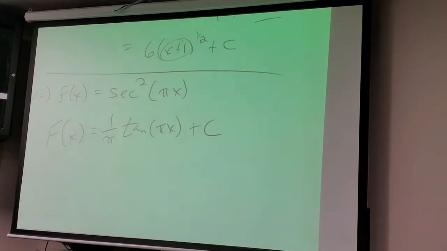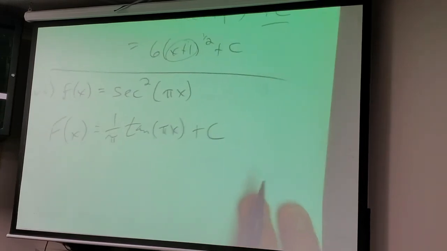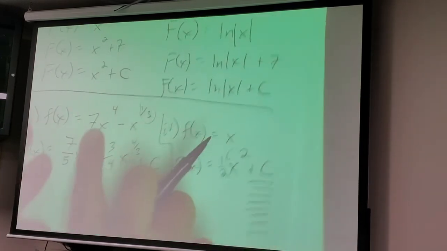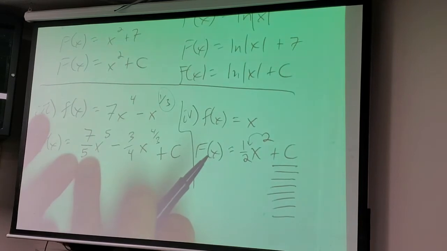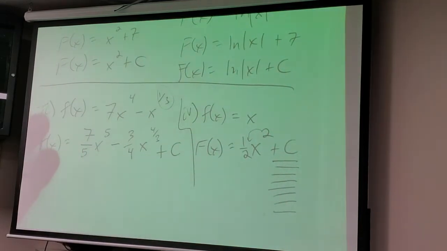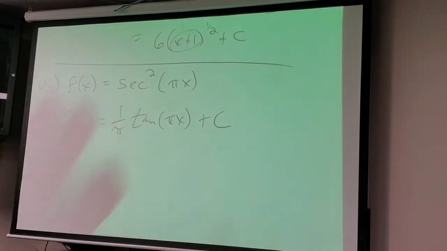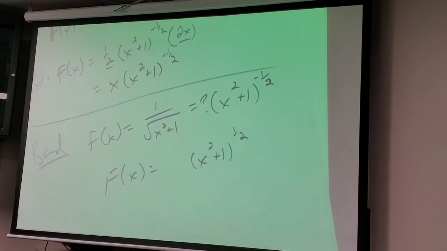I can always take care of a problem with a constant that's not right. I can adjust it, just like that earlier problem we did that had a 7 here. We just adjusted the constant to be 7/5, so it would end up with a 7. Numbers, constants, no problem. Here, I am missing something much more fundamental.